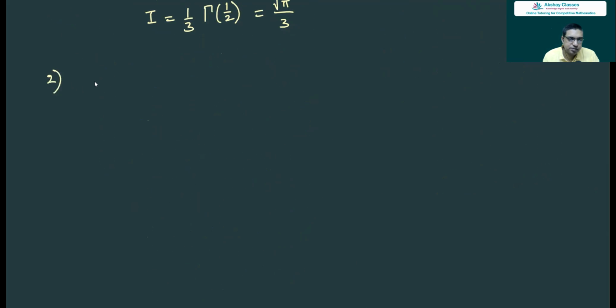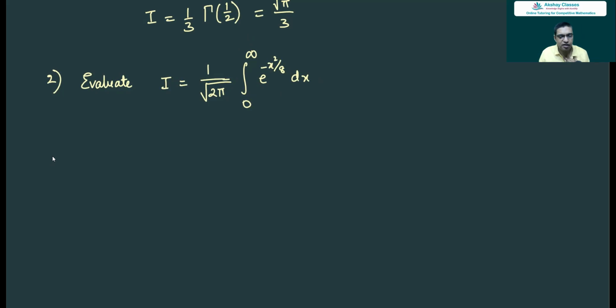Second example. Evaluate I is equal to 1 by root of 2 pi integral 0 to infinity e power minus x square by 8 dx.